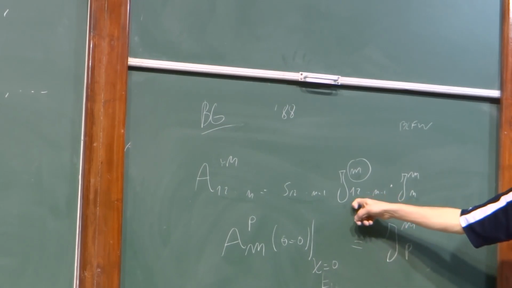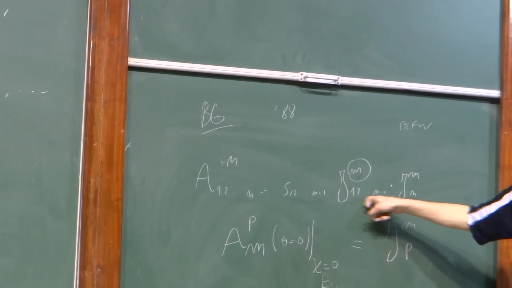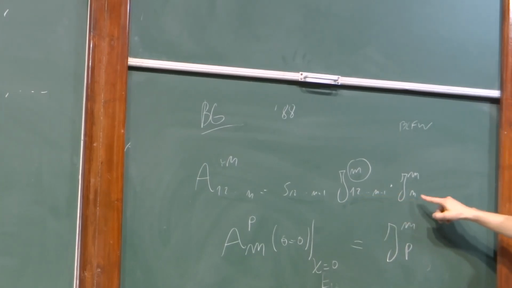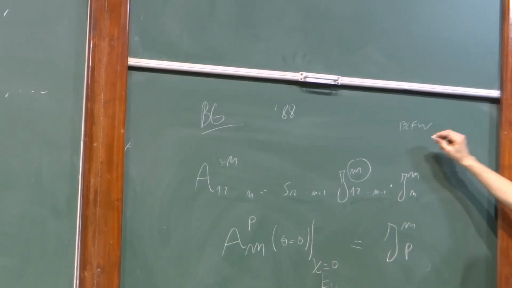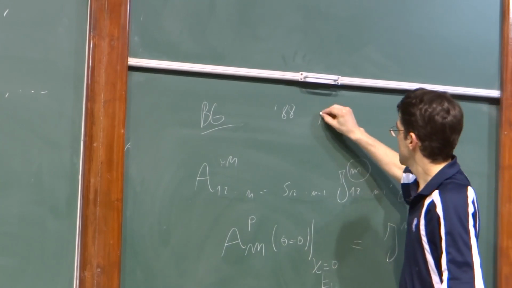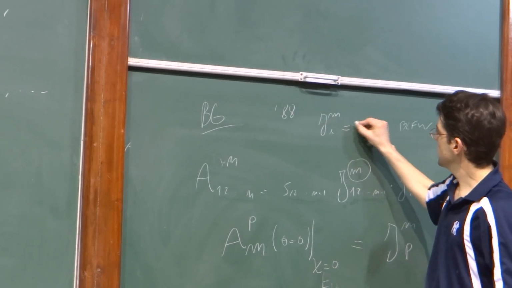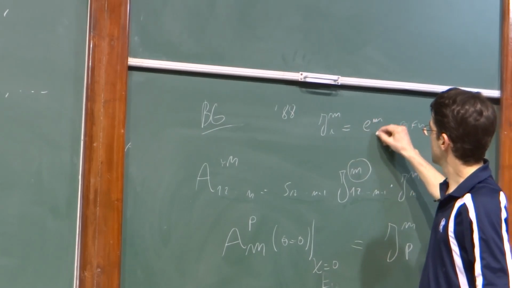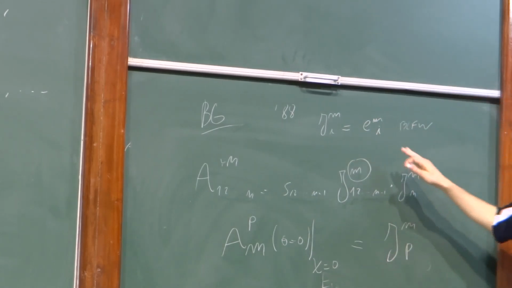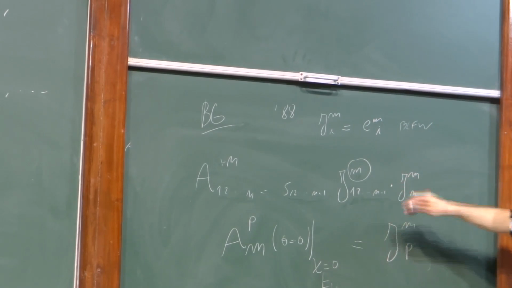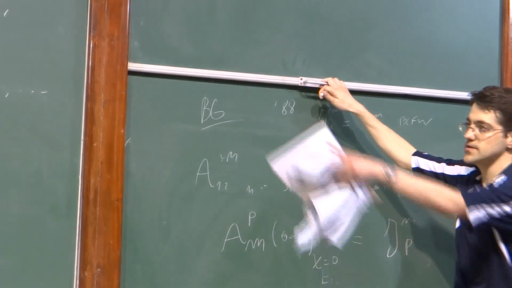I forgot to say that you start with J^m with a single particle label being the standard polarization. That's the starting point of this recursion. And the recursion is really like that.